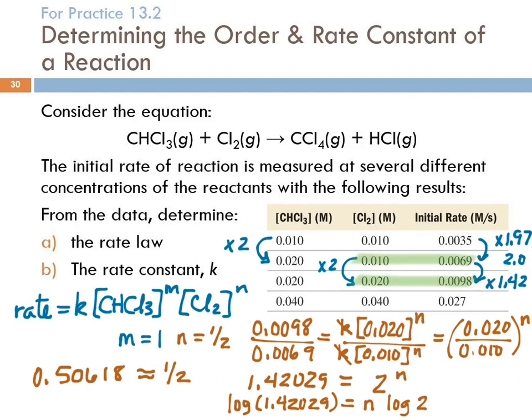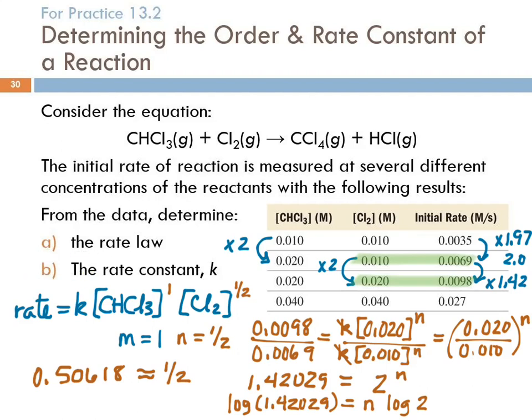So the rate law then is, let's stick these numbers in here. It's the first one to the first power and the second one to the 1/2 power. That's the answer to what is the rate law.